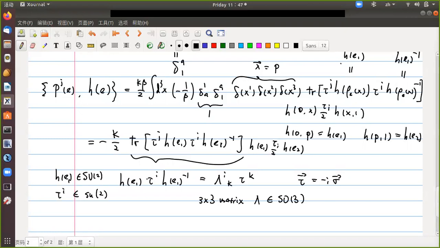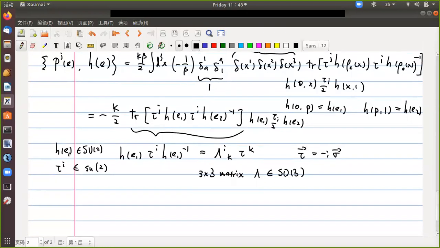So this tau I is just your angular momentum operator represented in the spin 1/2 Hilbert space, and this H in SU2 is just a unitary transformation of your 2-dimensional Hilbert space. This unitary transformation sandwiching your spin operator, your angular momentum operator, just gives an SO3 rotation of your angular momentum as a vector. So this formula states the same thing, and this lambda is just a 3-dimensional rotation matrix.